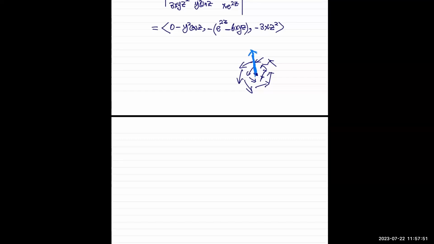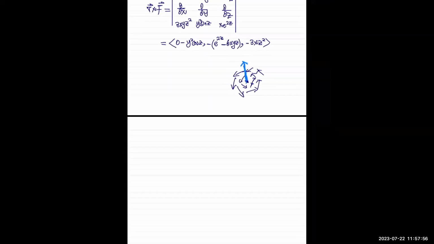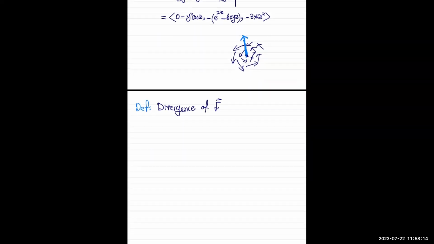All right. We have one more operation for the vector field. I'll go over that now. This is called the divergence of F. So we have the curl of F and we have the divergence of F. This is defined as the del operator dotted with the vector field.